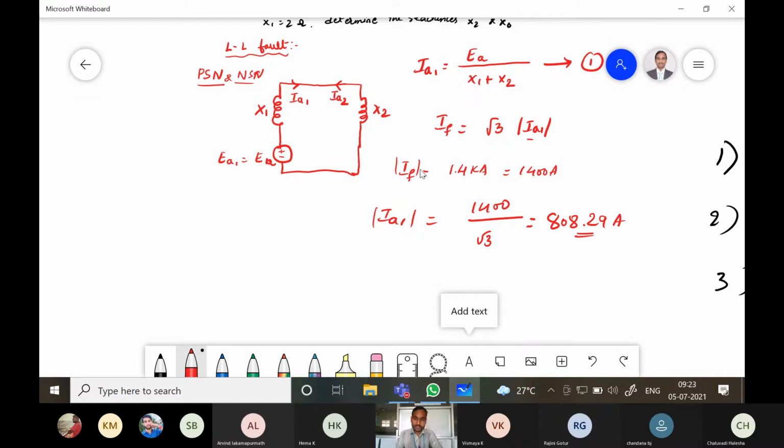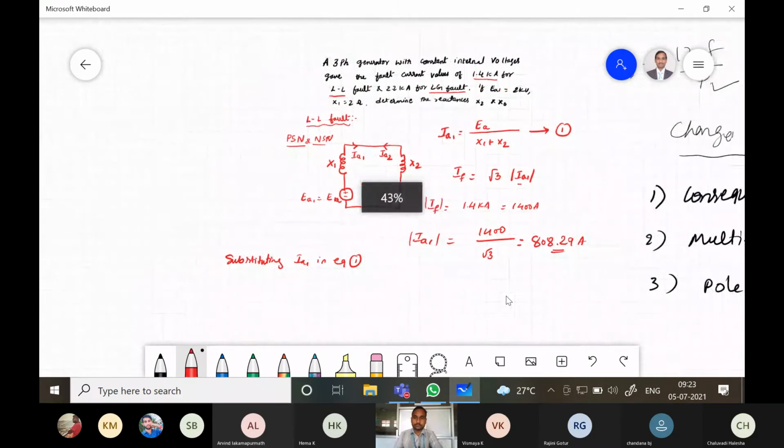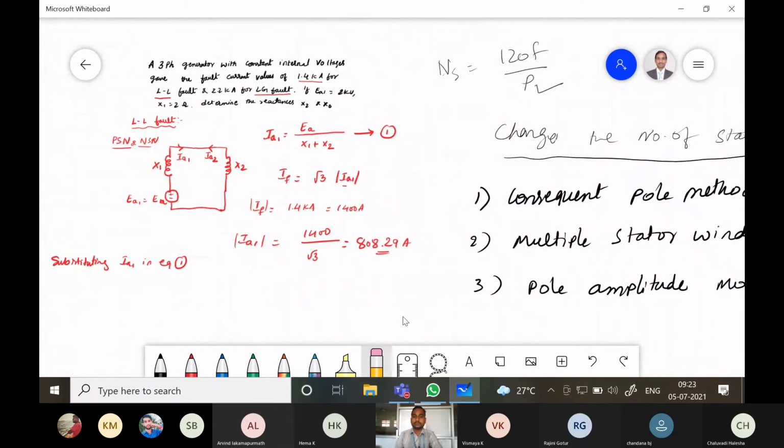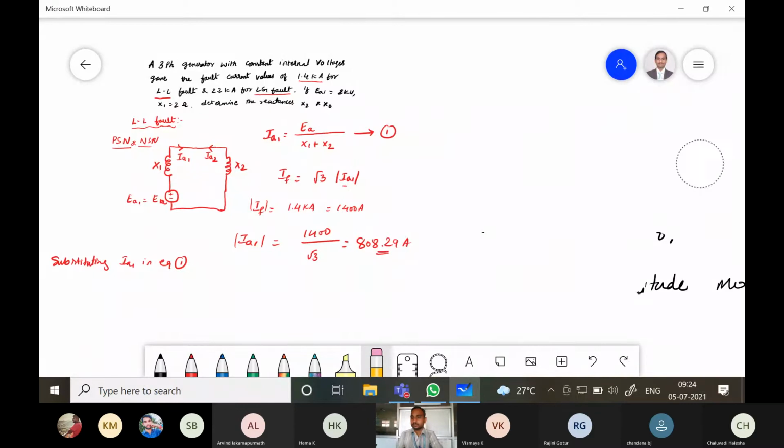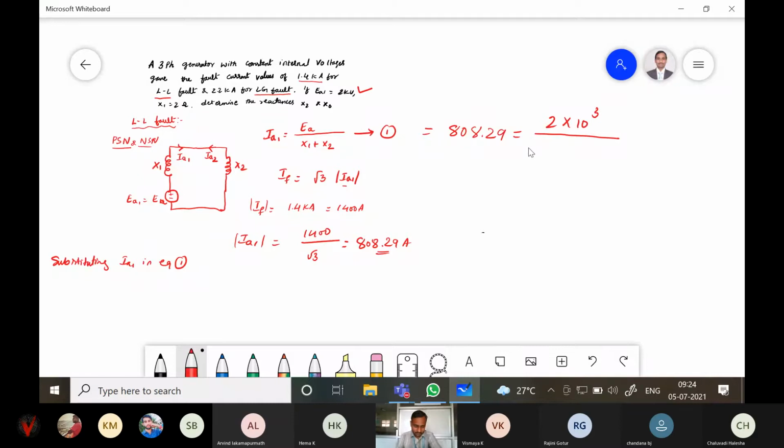Substituting IA1 in equation 1: 808.29 is equal to the EA value, which is given as 2 kV, so 2 into 10 raised to 3, divided by the x1 value plus the x2 value.